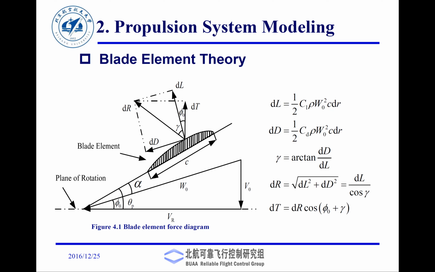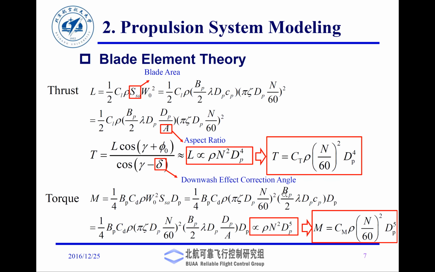Remember this equation? dt is the thrust that we are looking at. Everyone understood this? So this is the basic blade element theory that you should understand. Depending upon your interests, you are welcome to take a rotor dynamics or rotorcraft course, and they will talk about these equations in a lot more detail.